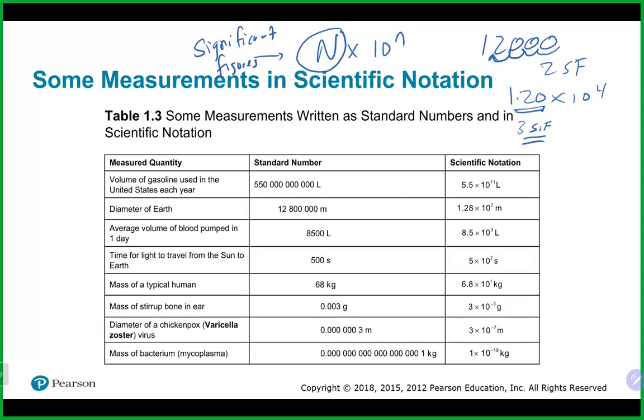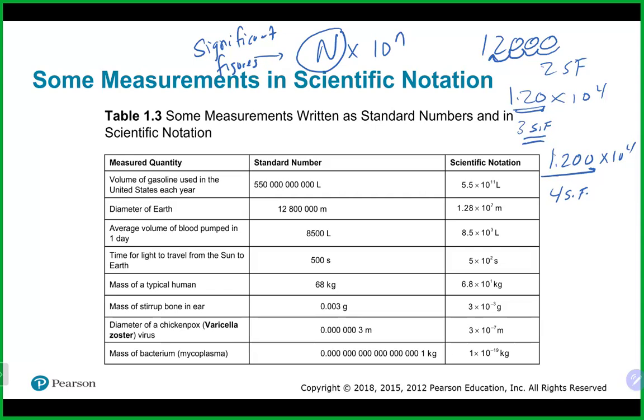Now, let's say that I wanted 4 significant figures. Not a problem either, because I could write 1.200 times 10 to the 4. There are now 4 numbers before the times 10 part, which means it has 4 significant figures. So the advantage of scientific notation is that in some cases, the only way to give an answer to the correct number of significant figures is with scientific notation.